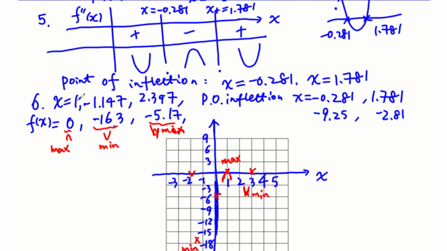How do we determine that? We use the second derivative, f double prime. Where f double prime is negative, it's concave down. Where f double prime is positive, it's concave up, so it's a minimum. This one at 2.3, f double prime is positive, it's concave up, so it's a minimum.